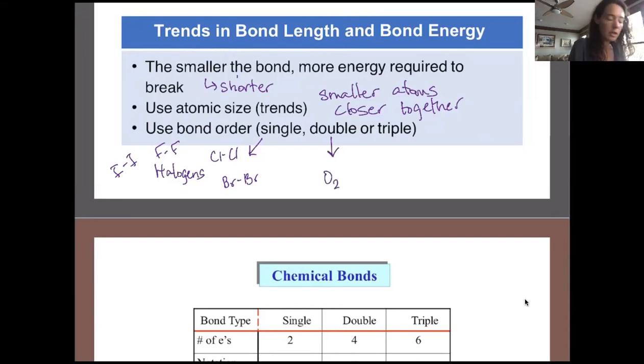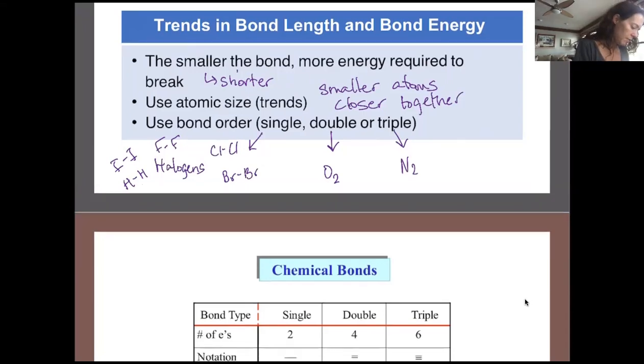You may as well memorize it. And then your triple bond is going to be your diatomic nitrogen. Your HI would be over here. A lot of times with these bond energy graphs, they include these diatomic molecules, and you have to identify who would be who. Okay.